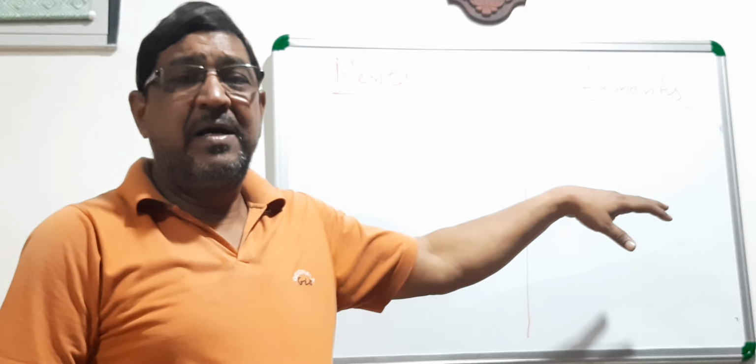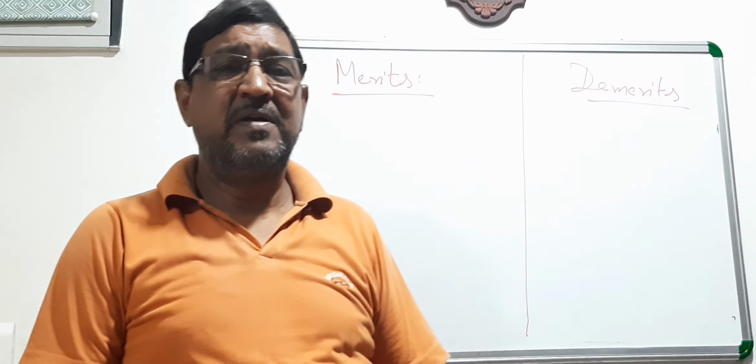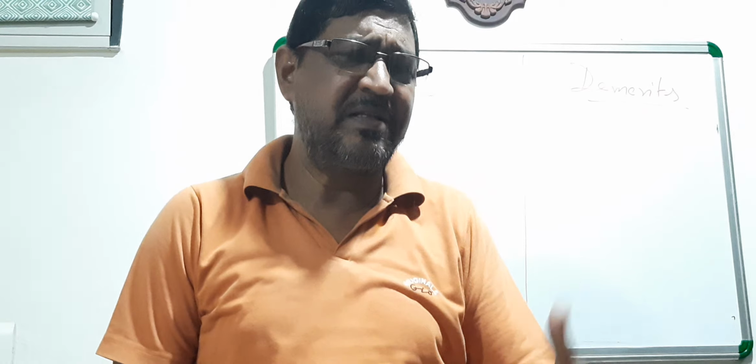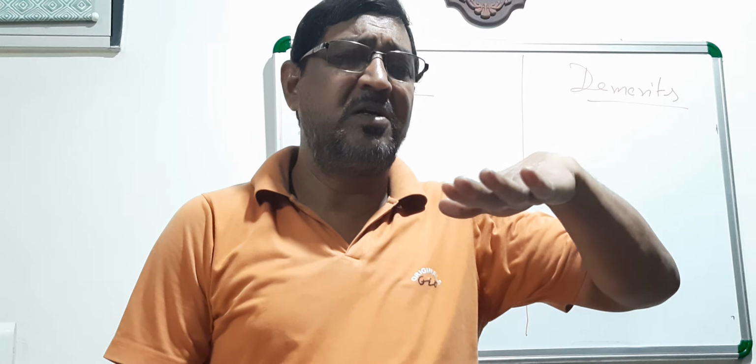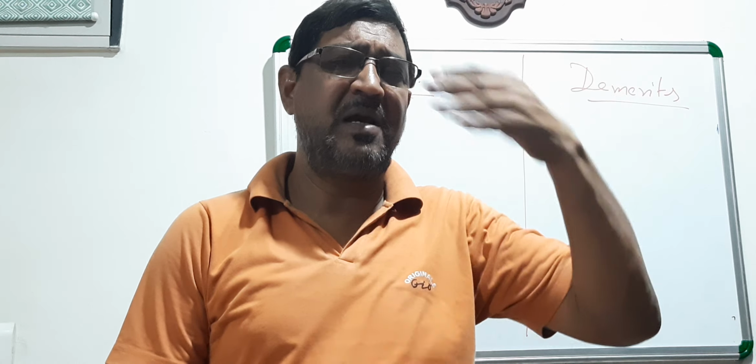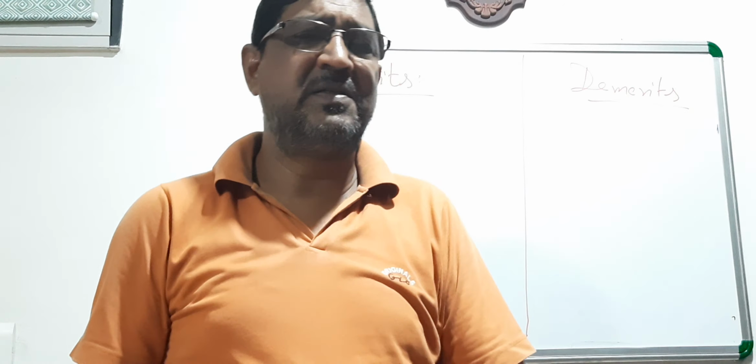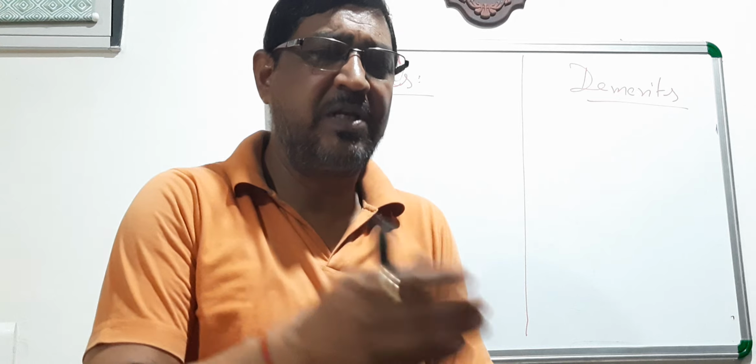And another demerit of this, you can say, more effort is needed, and here you are not giving the opportunity for natural selection, because every year the plant breeder is using his skill to select the plants.